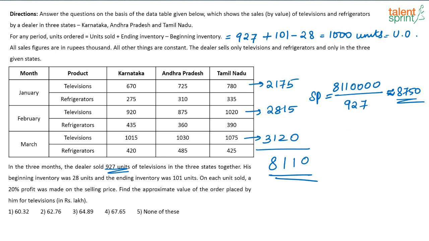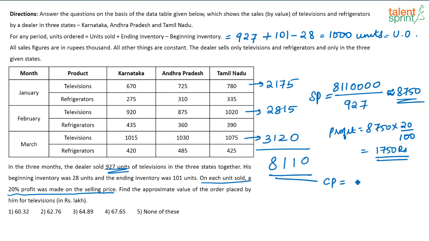See, on each unit sold, a profit of 20% is made on the selling price. So what is the profit made? 20% on the selling price is the profit made. So this is the profit that has been made, or I can say 1750 rupees is the profit that has been made in each unit, right? Or what is the cost price per unit? Cost price per unit is 8750 minus 1750, which is equal to 7000 approximately, correct?